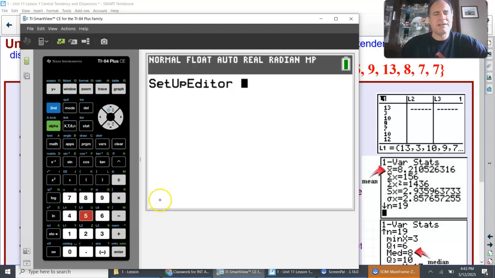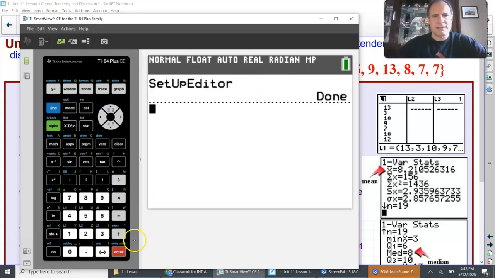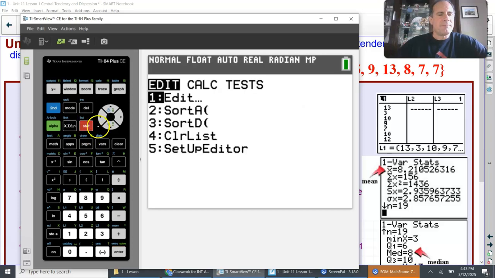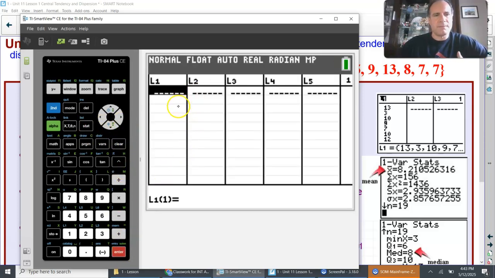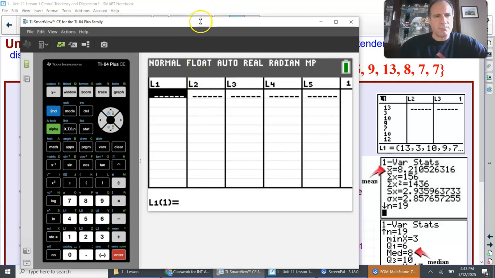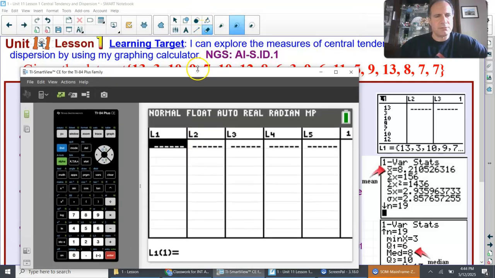If you press it, it goes to the main screen and the setup editor will be there and this will be blinking. You press enter and it says done. If I press stat and go back to edit, there's my L1 back, and the L2. So make sure that you know exactly what you're doing as far as that goes.